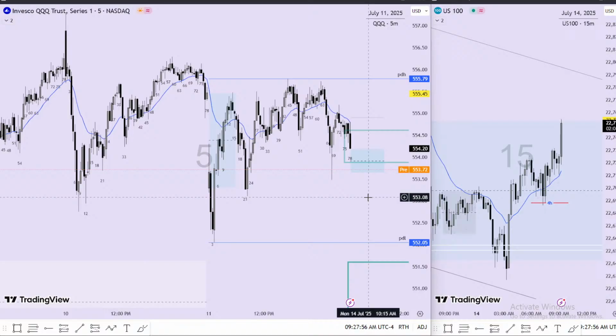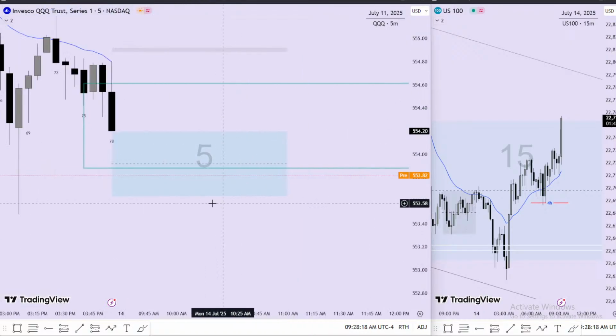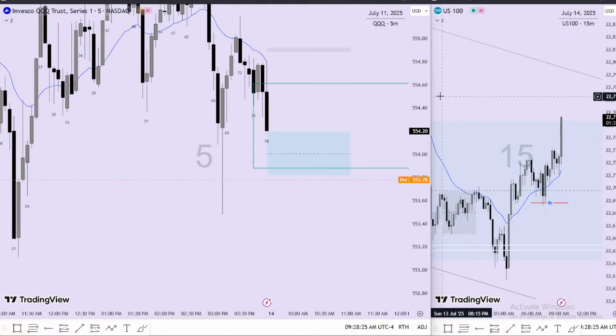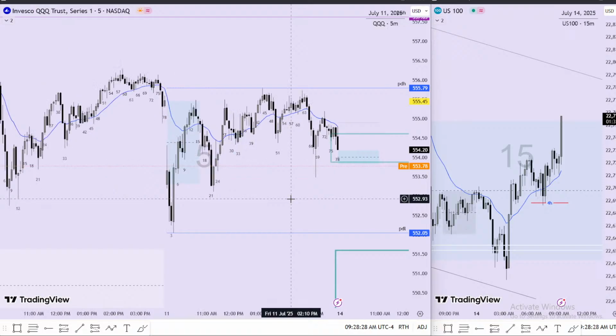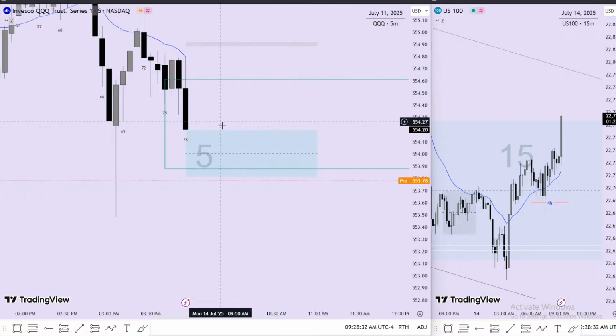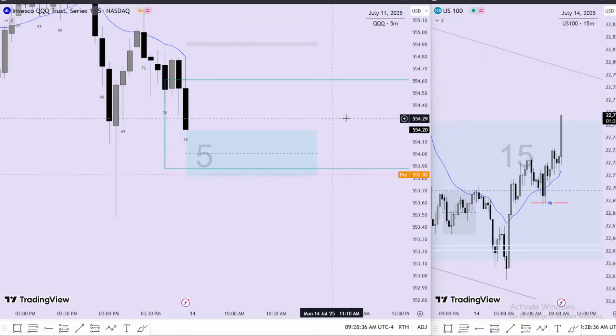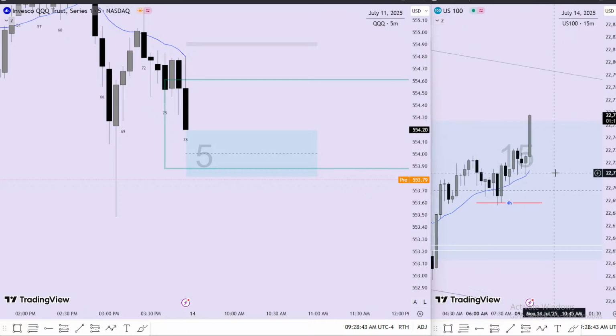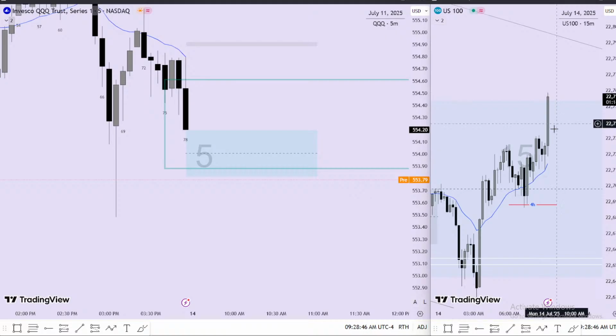3 minutes. Gap is getting smaller and smaller. This is a strong enough 15 minutes bar.